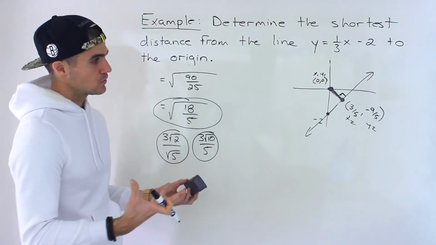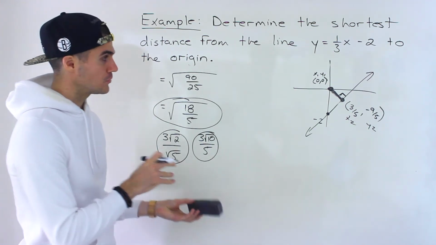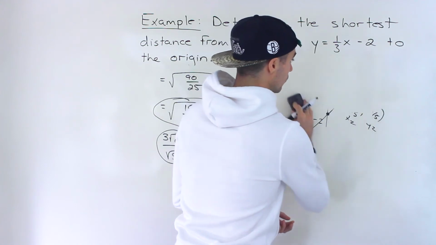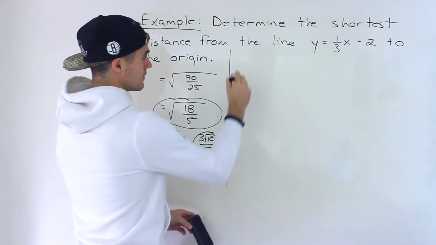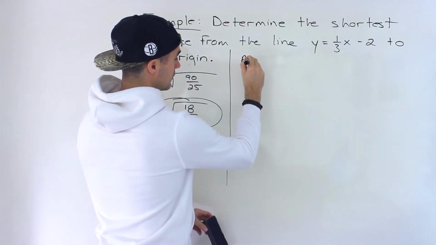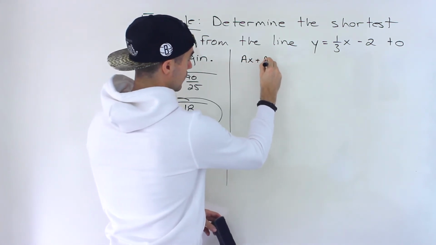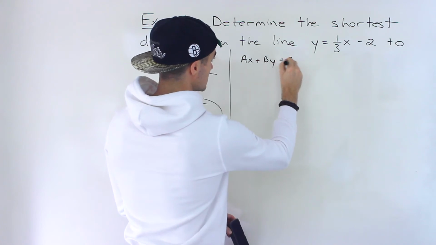Now, to do it the short way, if you remember, we can use that formula that we went over in the overview video. Just as a quick review, let's say that we have a line. Remember, the line has to be in standard form, so we're actually going to have to convert this line into standard form.